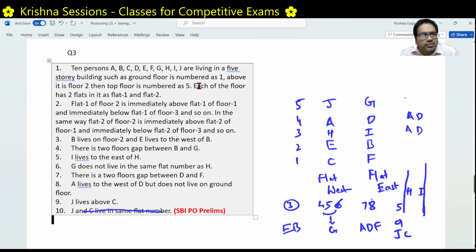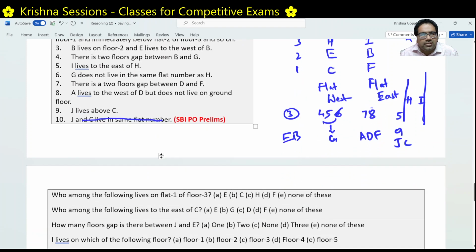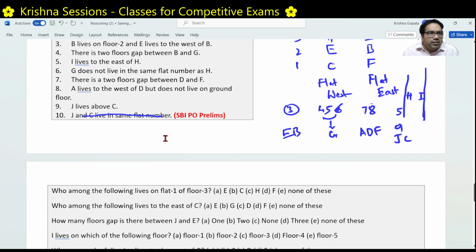Because there is no such information. For now, we can assume that because we write English from left to right, flat one is on the left and flat two is on the right. We'll make that assumption and go ahead. Ideally, that information should be given, whether flat one is on the left or right. But in this case, it is not given. Let's assume and go ahead.